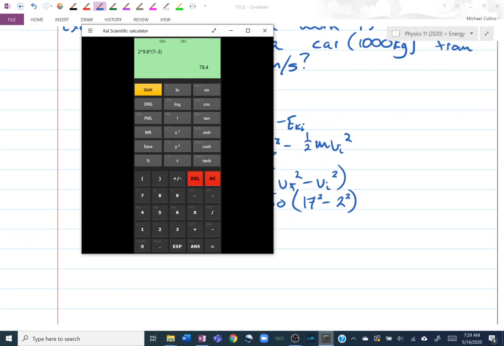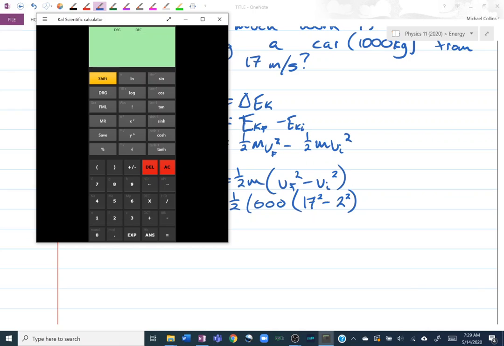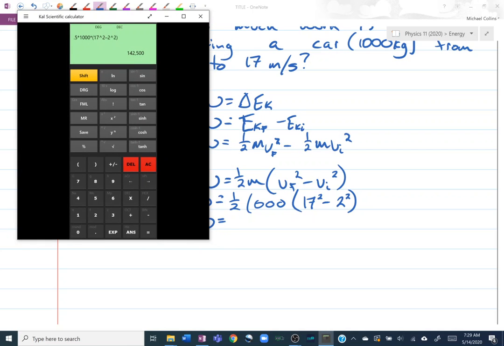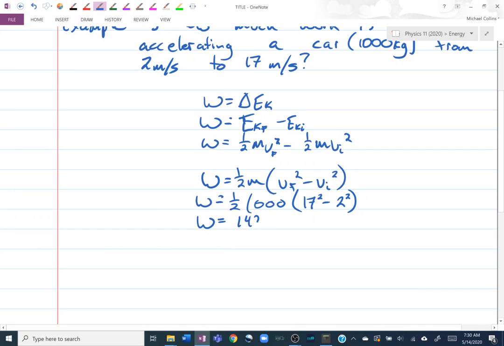I grab my calculator again. A half times 1,000 times 17 squared minus 2 squared is equal to 142,500, or to 3 sig figs, 142,000 joules of energy.